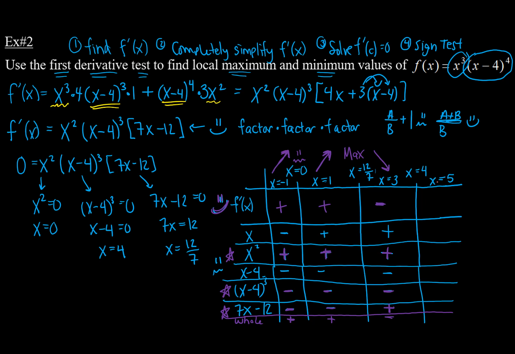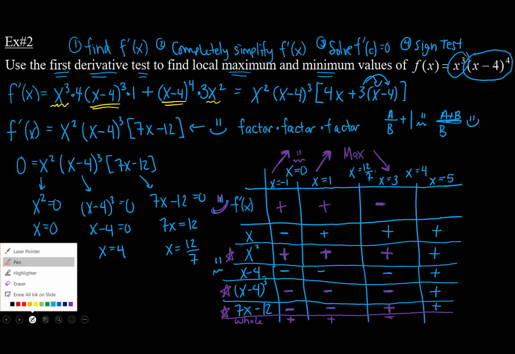So I've got x equals 5, and I'm going to plug that in. Plugging 5 into x, I get a positive 5. Into x squared, I get a positive 25. 5 minus 4 gives me a positive 1, and 1 cubed is positive. 7 times 5 is 35, minus 12 will also give me a positive number.